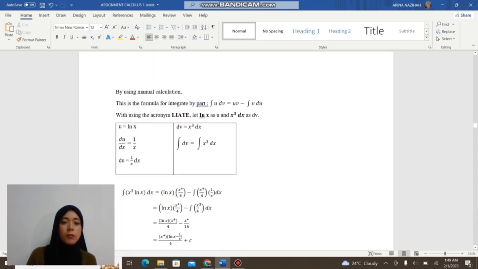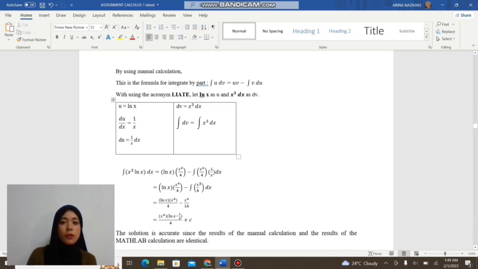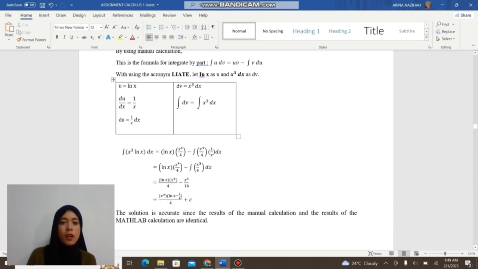By using manual calculation, this is the formula for integration by parts: integrate u dv equals uv minus integrate v du. Using the acronym LIATE, let ln x be u and x to the power of 3 dx be dv.